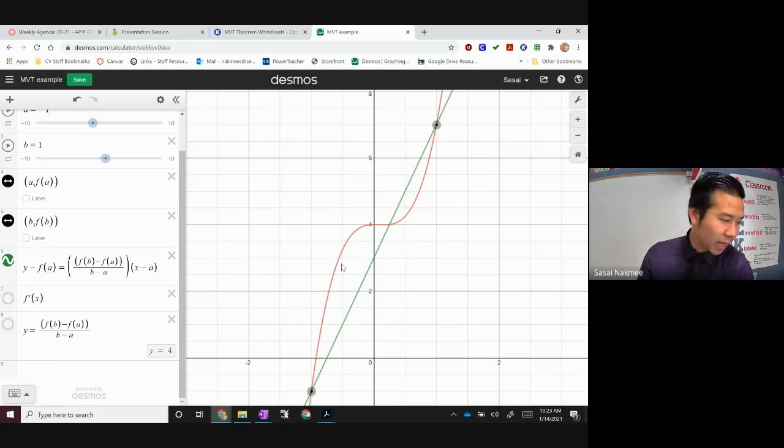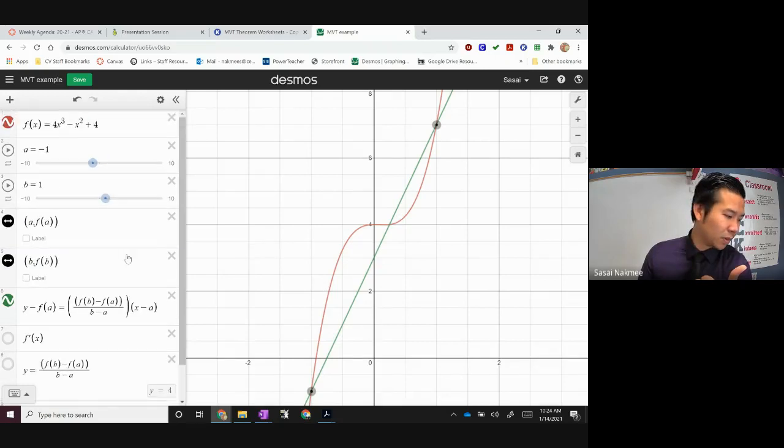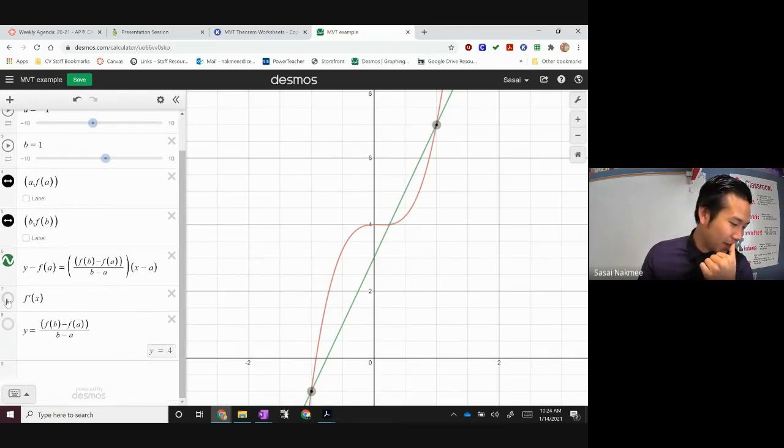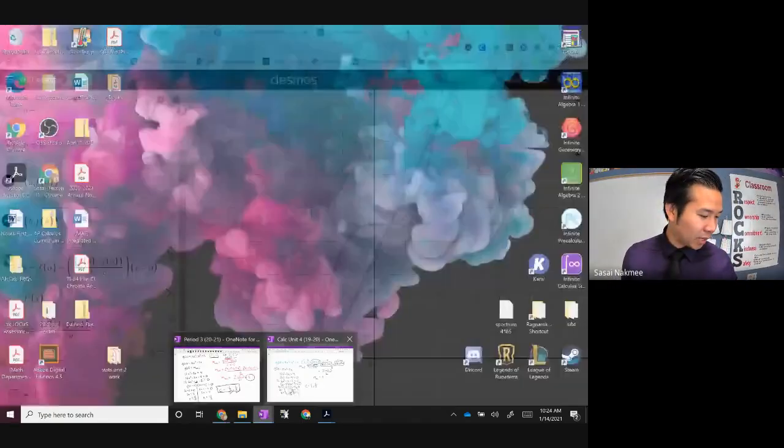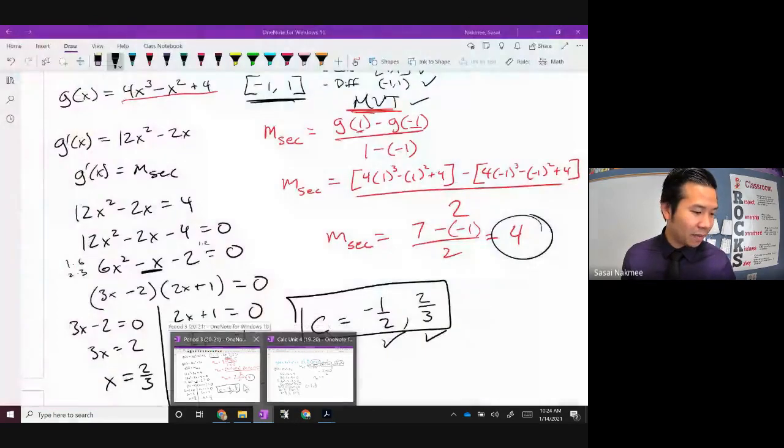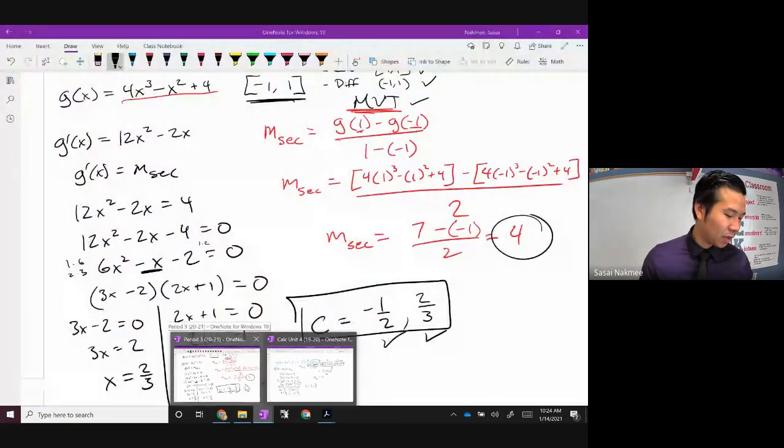The two values that we got, I didn't finish this off last time. So x is equal to negative 1/2 and 2/3.